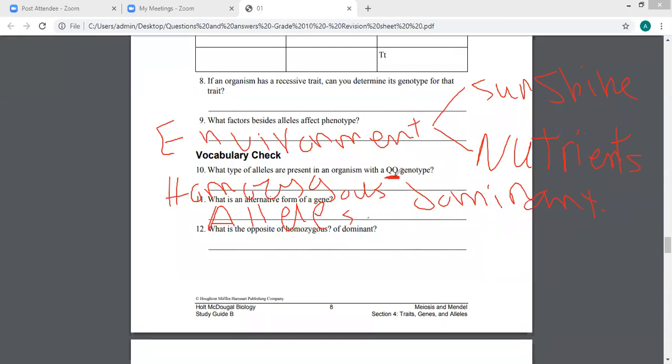Last one, number 12. What is the opposite of homozygous and of dominant? It asks about the scientific word opposite to homozygous, and the scientific word opposite to dominant.